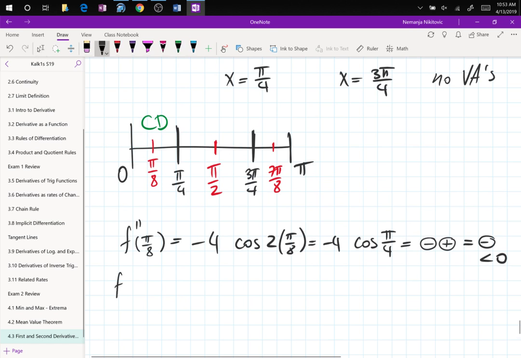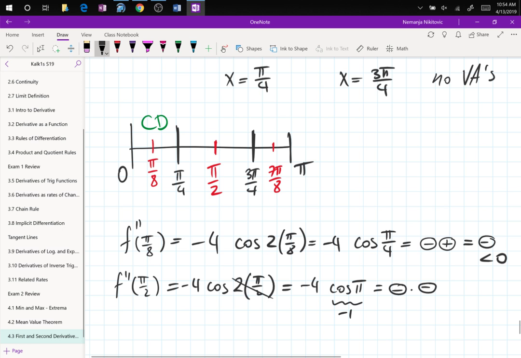Next one is pi over 2. So that's negative 4 cosine of 2 times pi over 2. Well, the 2's cancel, so it's negative 4 cosine of pi. Now, cosine of pi is negative 1. So I have a negative times a negative, and that's going to be a positive, larger than 0.